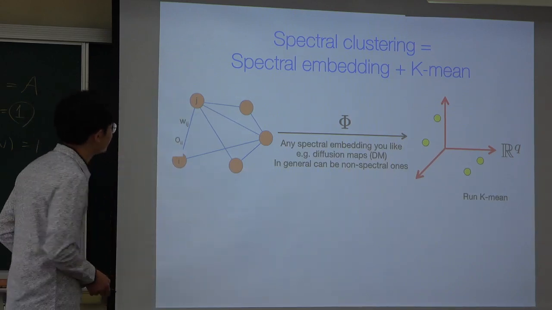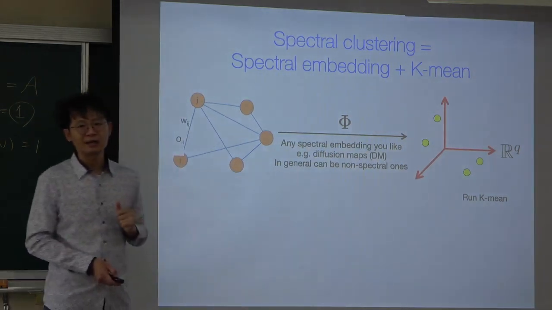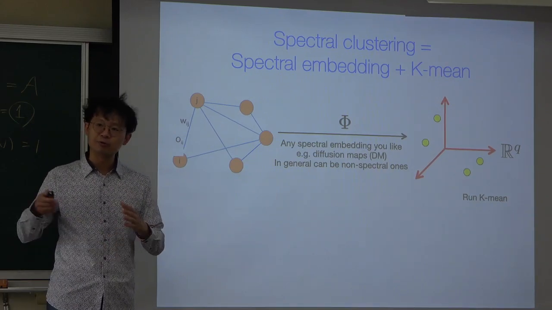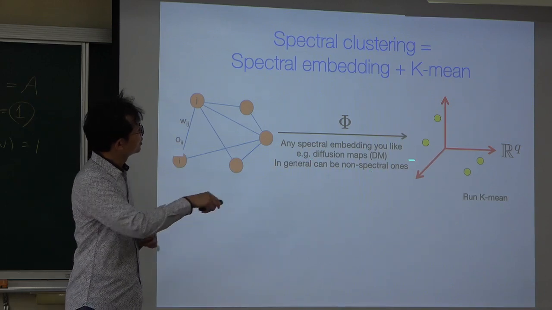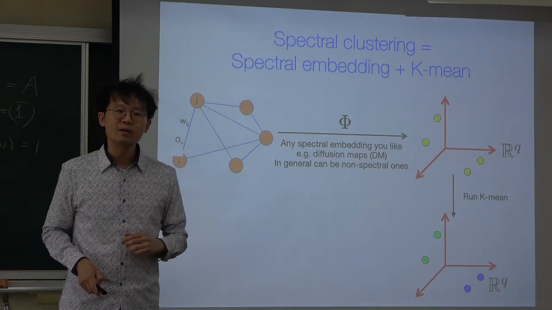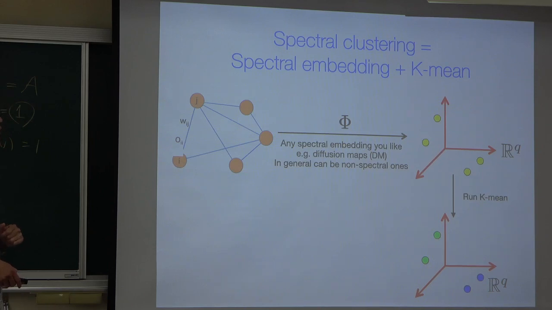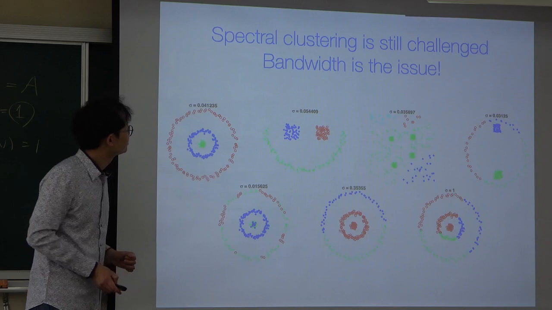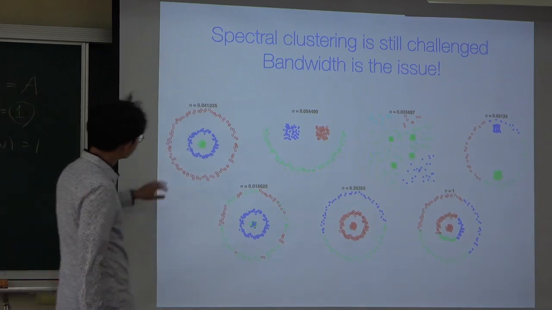The basic idea is, let's run some spectral embedding, or whatever embedding you like, to emphasize the intrinsic geometry before you run k-means. So you run spectral embedding or a diffusion map, and after you do the embedding, you run k-means, and then you get a classification. That is called spectral clustering. So spectral clustering is spectral embedding plus k-means, and this is the result. It gives you a good result already.